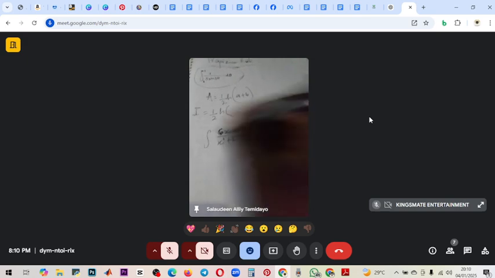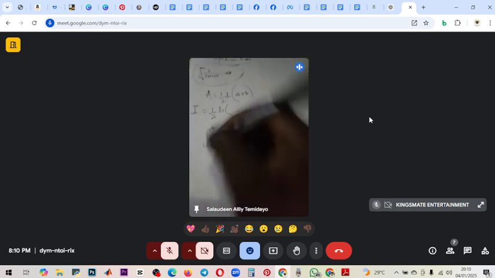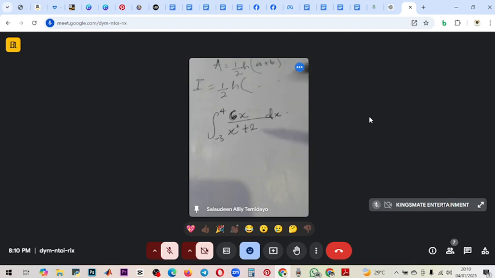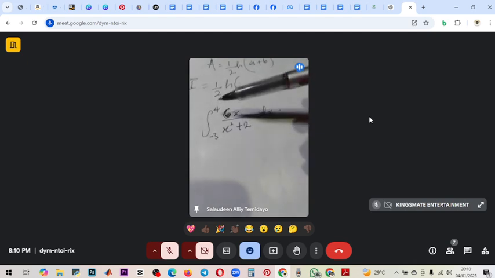The x goes from -3 to +4. That is the boundary. I told you that we will not be doing anything without a boundary this time around.